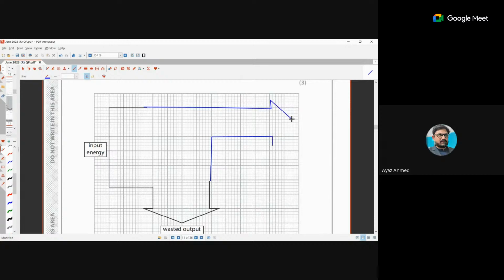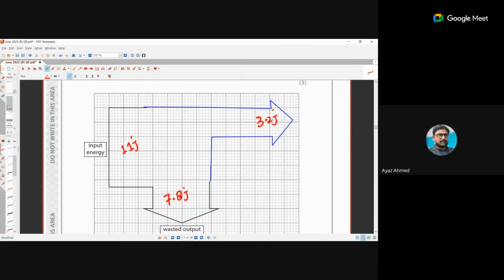Actually, what is the game of the Sankey diagram? Mostly we check the relative sizes. For example, this is a grid. If you think this is the 11 joules of energy, then this is your 3.2 joules of energy, and this all must then be 7.8 joules.